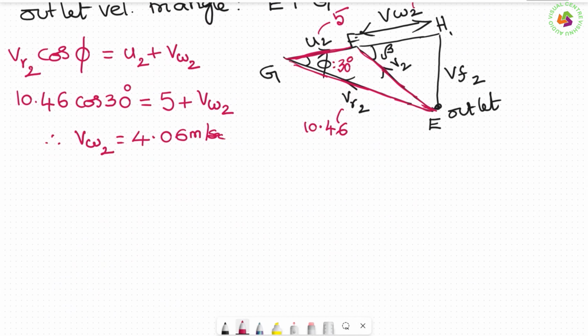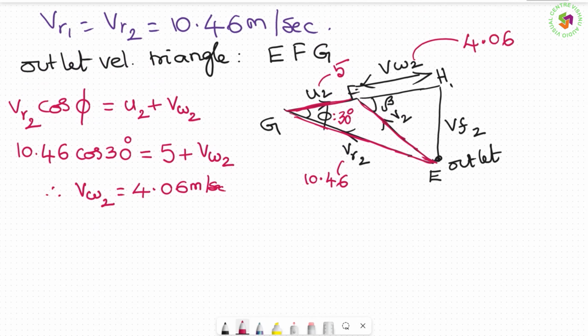Then I will go into the next, because I am trying each one slowly. How to calculate VF2? VR2 sin phi is equal to VF2, right?